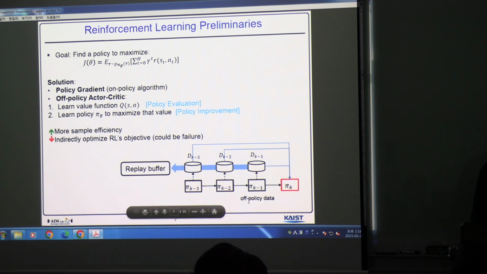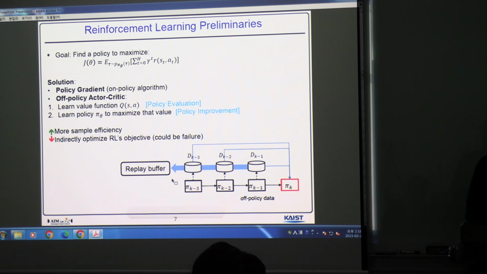In the policy gradient, we don't use the past data, we only use the most recent data. But here, in the off-policy actor-critic, we can also use the past data, and typically this data is stored in the replay buffer.